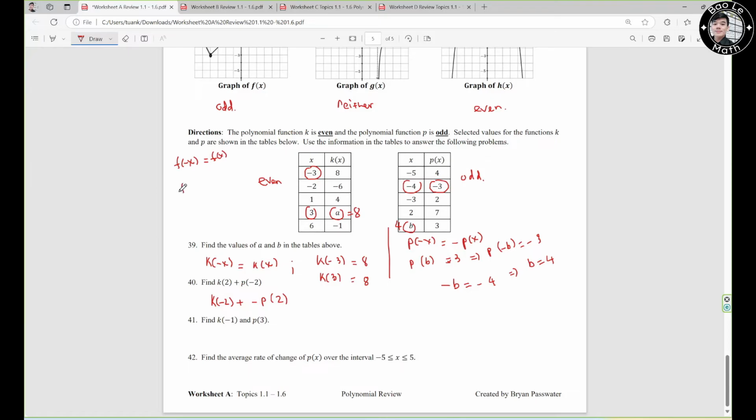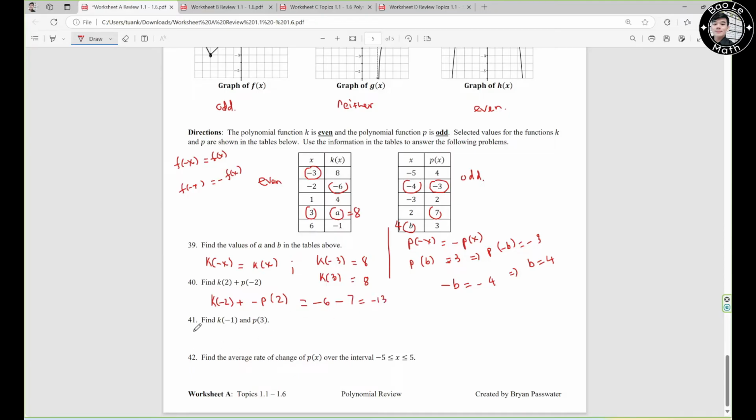If the function is odd, f of negative s is negative f of s, right? So we just substitute values. k of negative 2 equals negative 6, minus p of 2 which is 7, so minus 7. The answer is negative 13.